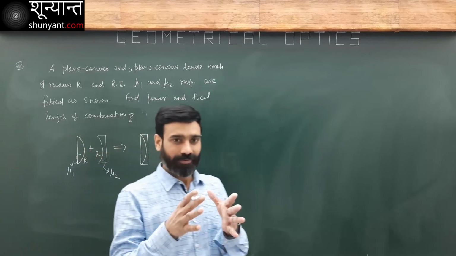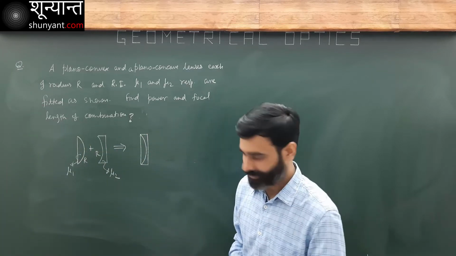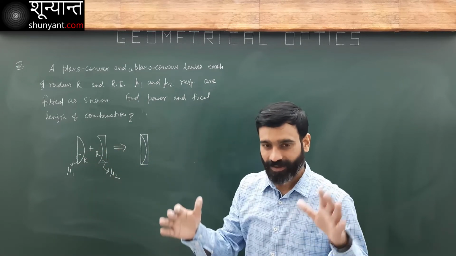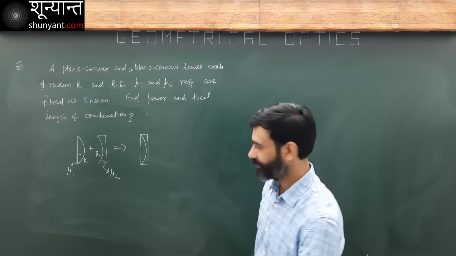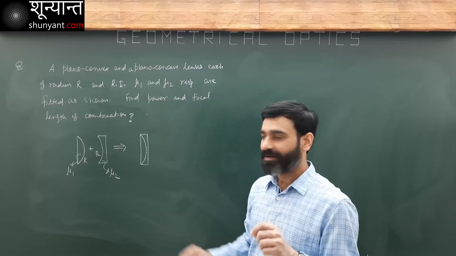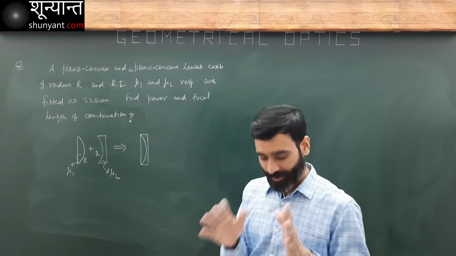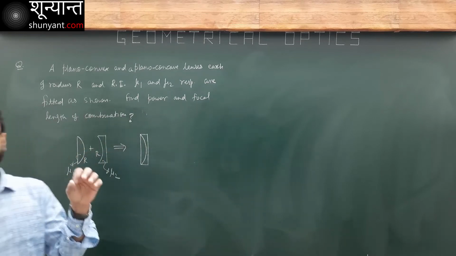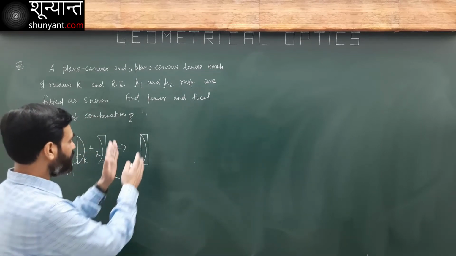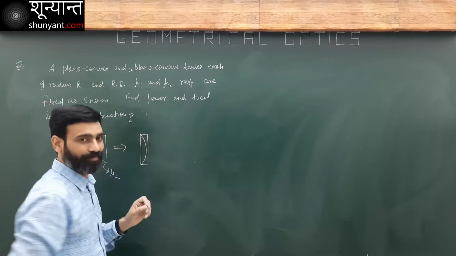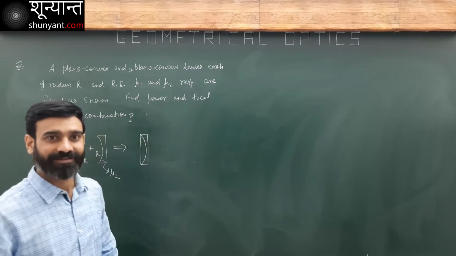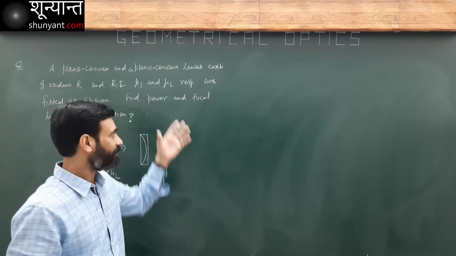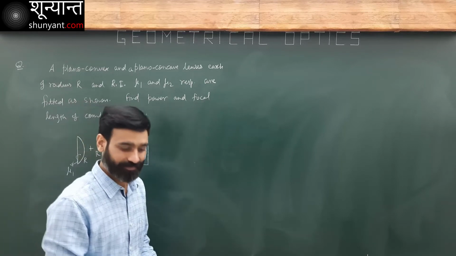So two lenses, a plano convex and a plano concave, are pasted together. From outside it will appear like a rectangular slab, but it will act like a converging or diverging lens, depending on the different parameters we are going to see.